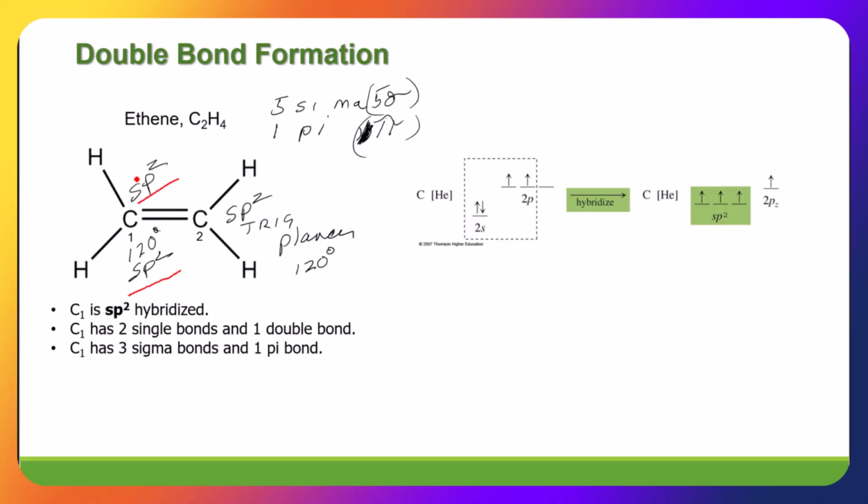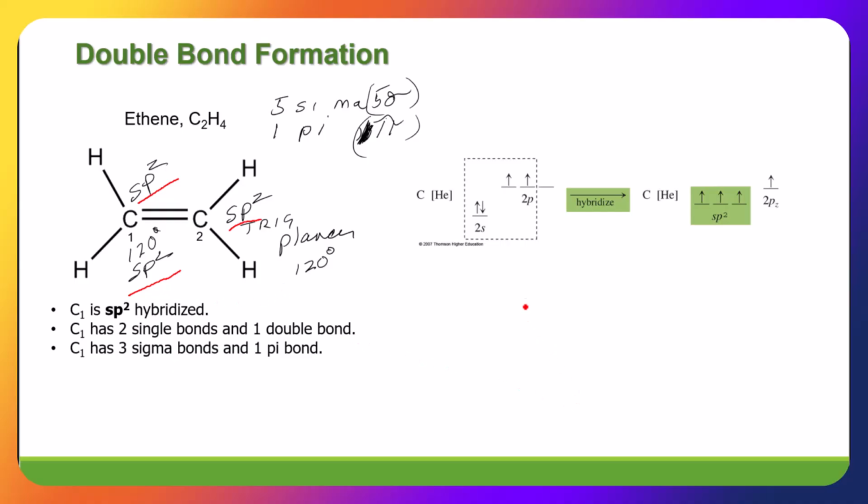Just take a 360-degree circle, split it up into 3 pieces of pie. The number 2 carbon looks exactly the same. 3 things: trigonal planar electron geometry and molecular geometry, sp2 hybridized.